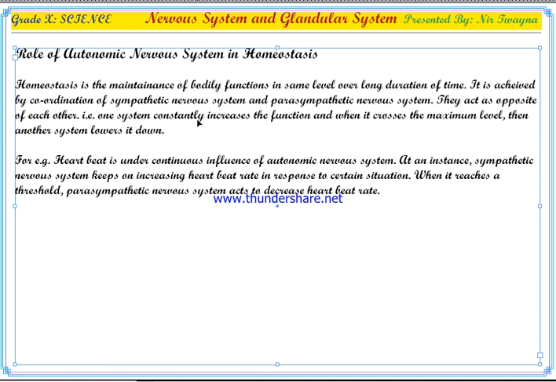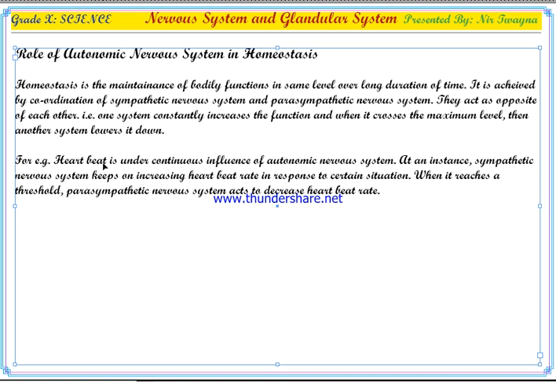That means one system constantly increases the function, and when it crosses the maximum level, then another system lowers it down. In our example of heartbeat, the sympathetic nervous system keeps on increasing your heartbeat, and when a certain level is reached, then the parasympathetic nervous system starts to lower your heartbeat.